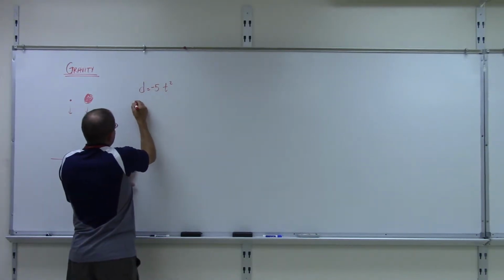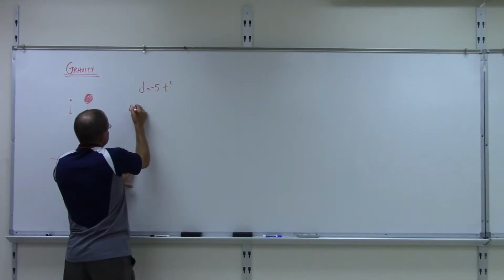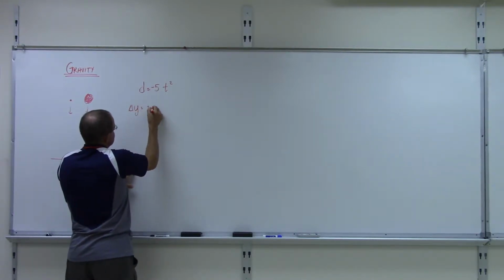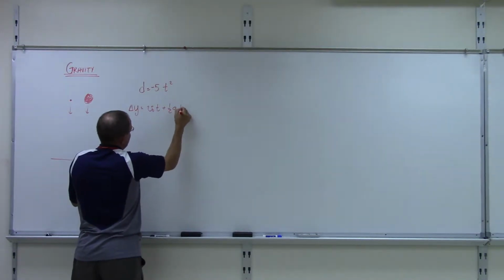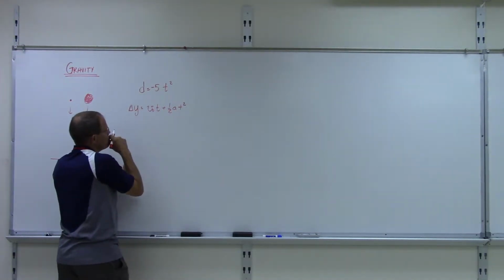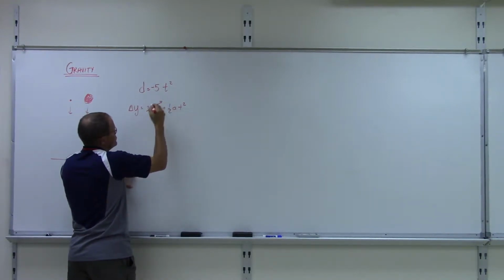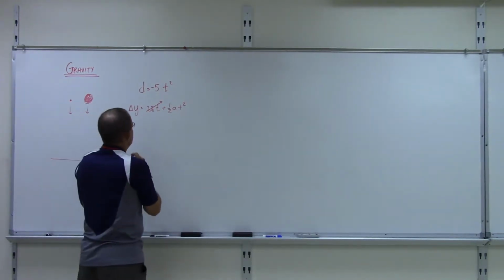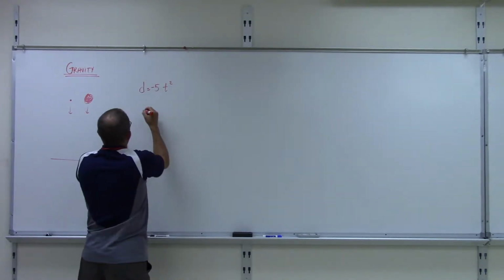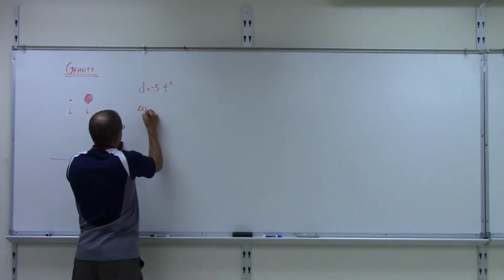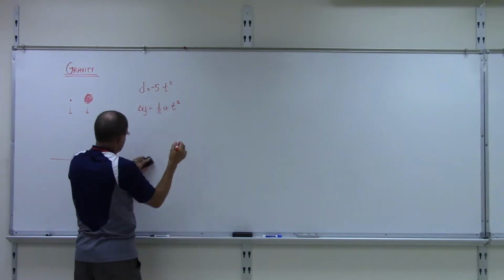Now, we're going to compare that to the equation that says the distance an object will fall, delta y, is equal to v naught times t plus 1/2 a t squared. And if the initial velocity is 0, we can get rid of that term, then this really just becomes the distance an object falls, delta y, equals 1/2 the acceleration times the time squared.